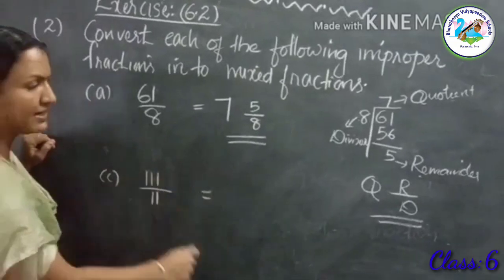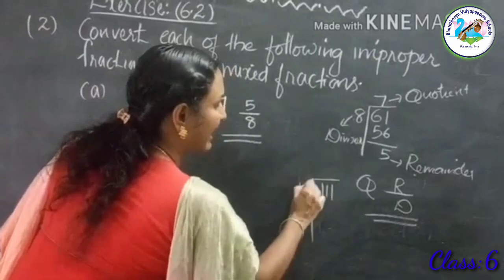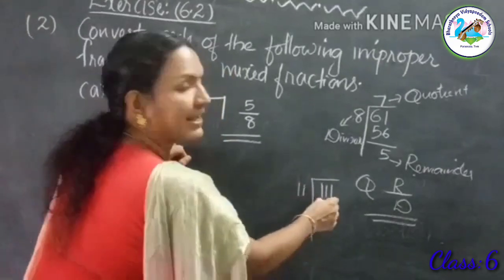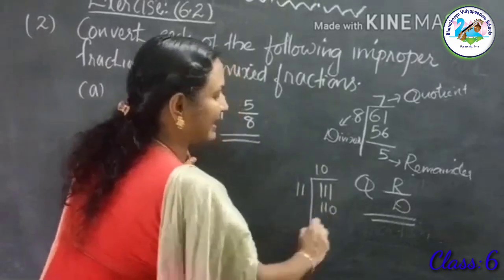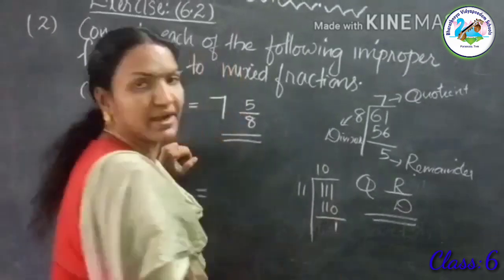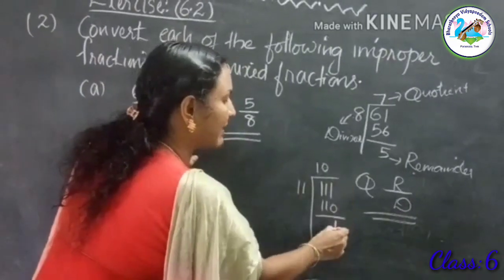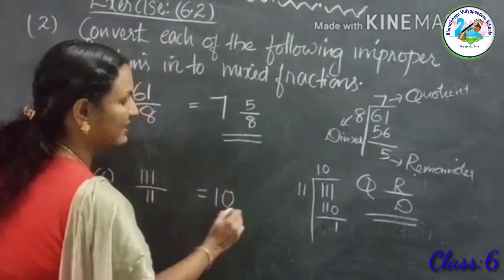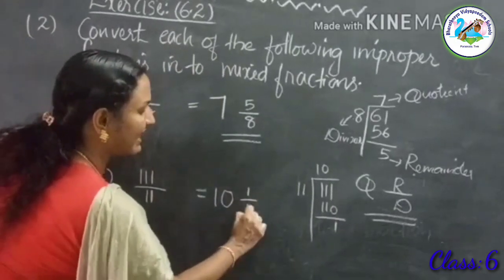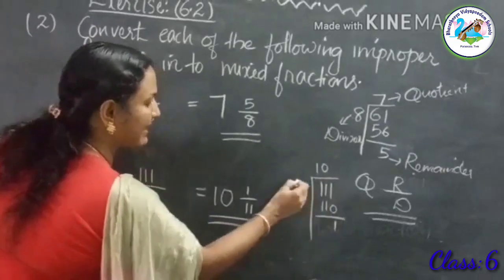The numerator is greater. So dividing 111 by 11. How many 11s are in 111? 10 11s are 110. The balance is 1. So quotient 10 into remainder by divisor. 10 1 by 11.